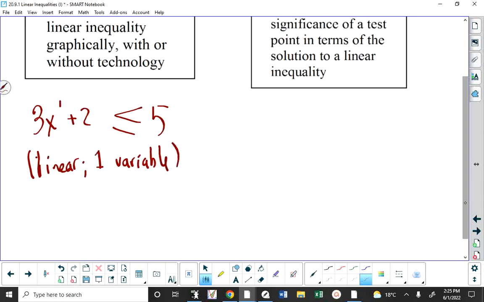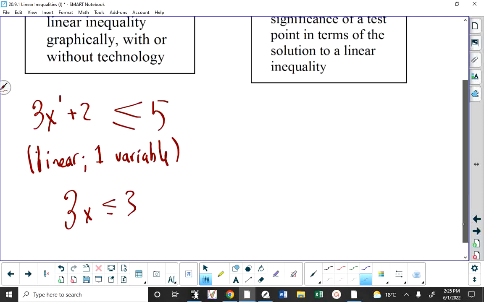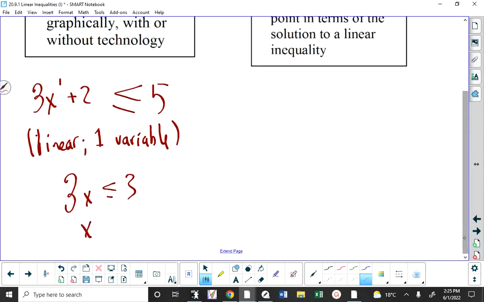To solve that, you rearrange it. You learn about these in grade 9, maybe even grade 8. We can subtract 2 from both sides and get 3x is less than or equal to 3. Divide both sides by 3, and you end up with x is less than or equal to 1. Are you guys with me on this?